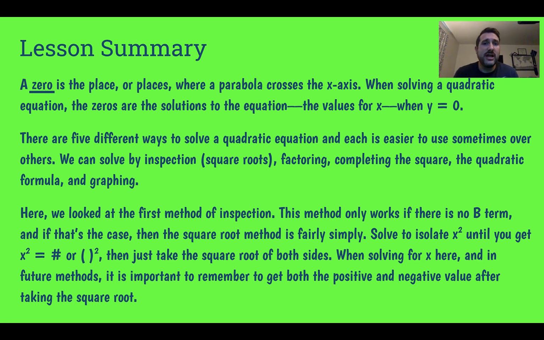You solve to get x squared by itself until you get x squared equals a number, or the parentheses squared equals a number, and then just take the square root of both sides. When solving for x in this and in future methods, make sure to get both the positive and the negative values after taking the square root, or you're only going to end up with one of your two answers, and missing an answer makes it wrong.